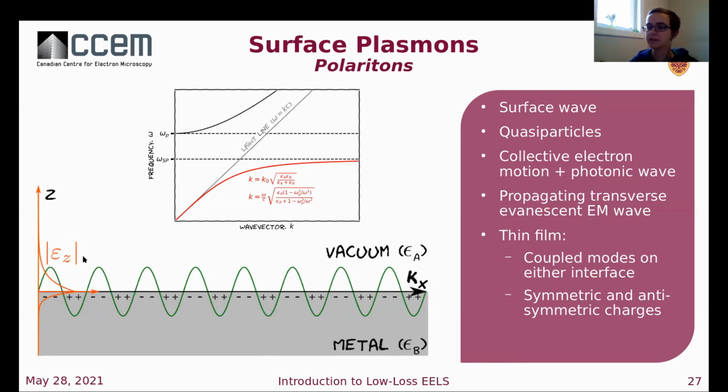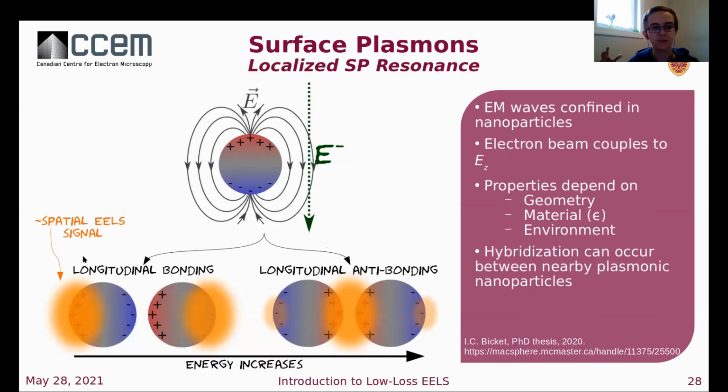Now, if you take your material which supports these surface plasmons and confine it into a small nanoparticle, we start to see localized surface plasmon resonances. Again, these are standing waves of electron density, which are oscillating on the surface of your nanoparticle.